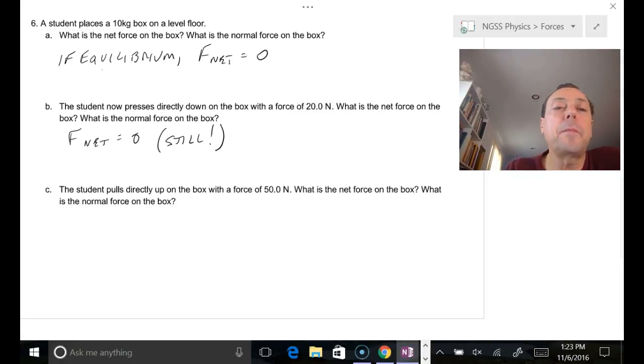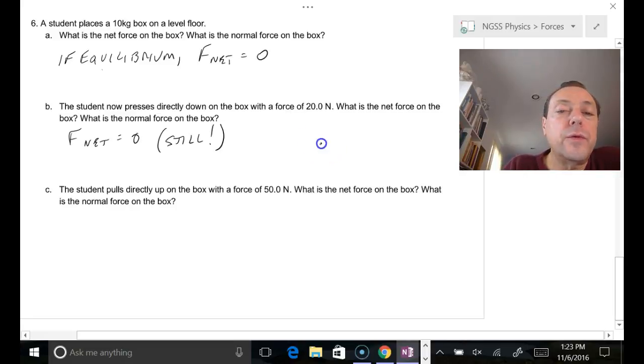So let's see. Let's draw what we have here. So we know the net force is still 0. There's a normal force pushing up. There is a weight acting down.